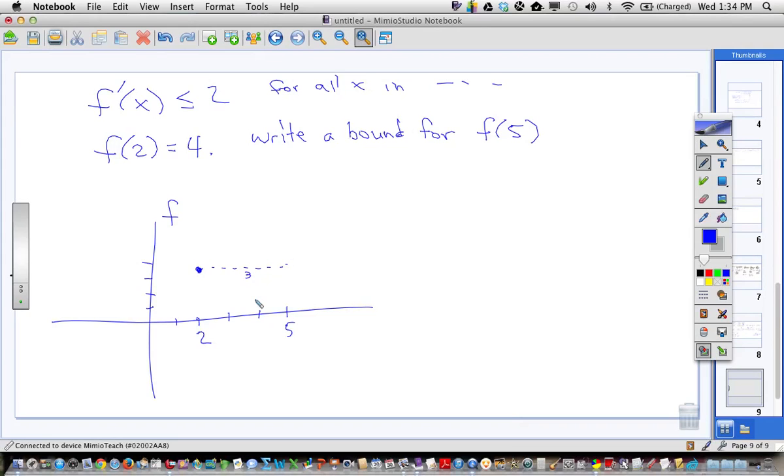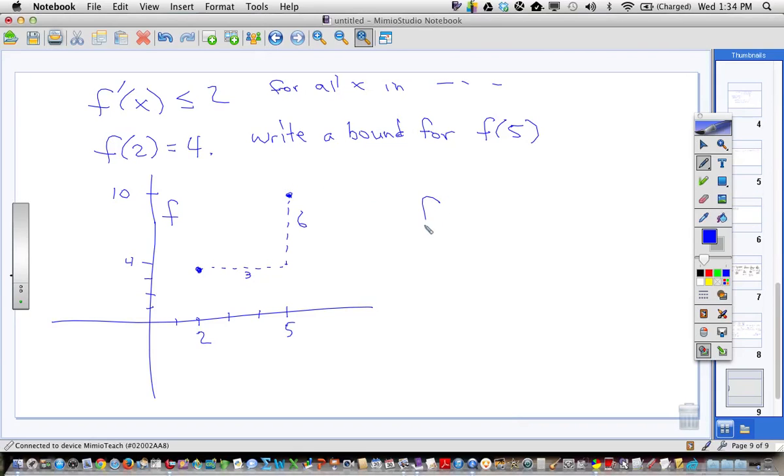Rise over run has to be 2, so 6 over 3 would be 2. So we could go up as high as 6, which would put us at 10. This graph could have gone as high as 10, but could it have gone down? Yeah, it could have gone anywhere, but it could not have gone above that.